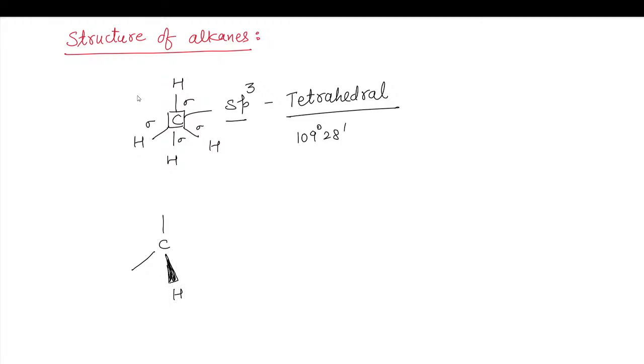Okay, in 3D, it is like this. In this case, these normal bonds are considered as on the plane of the paper. And this wedge represents a bond towards the observer.